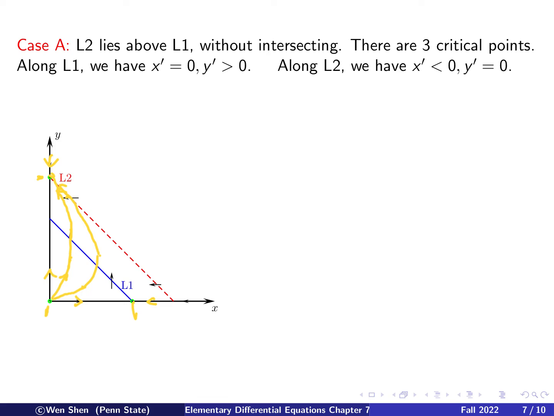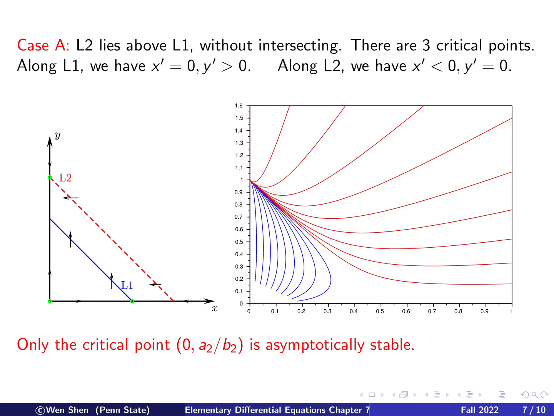Okay, so finally, if you are here, you know the solution will come, follow this, and eventually get to that. So all solutions will go towards this critical point. Okay, so here I provide a graph done with MATLAB, much better than my wiggly drawing with an Apple Pencil.